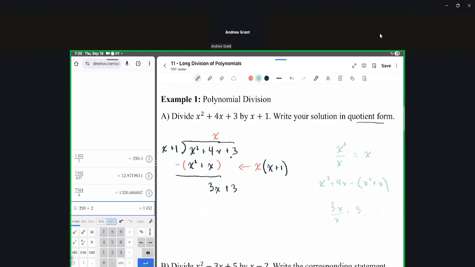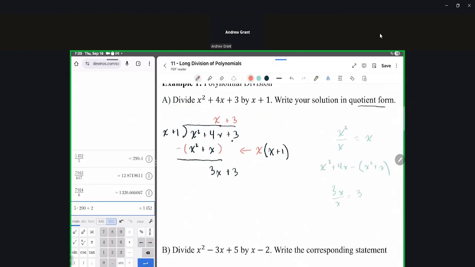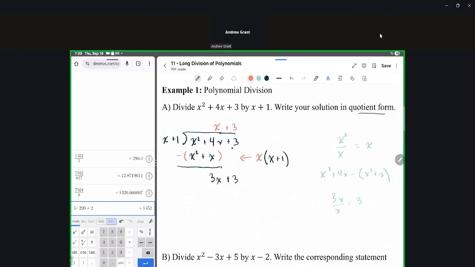And so on this line, it's important to note that this x goes into 3x positive 3 times, because yes, you could have negatives here, and in fact we will have that on the next one. And so on this line, we will have x divided by x plus 1.